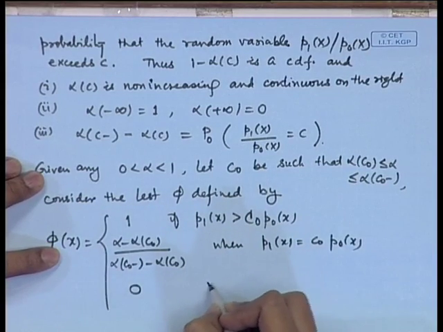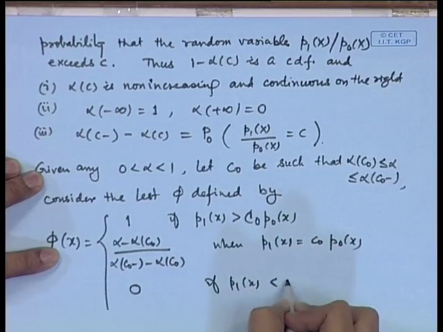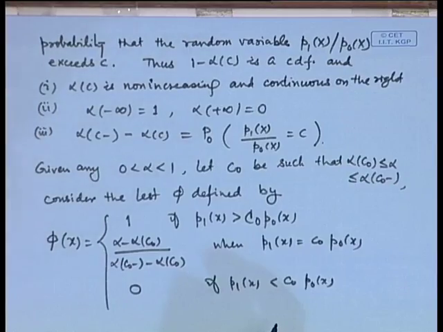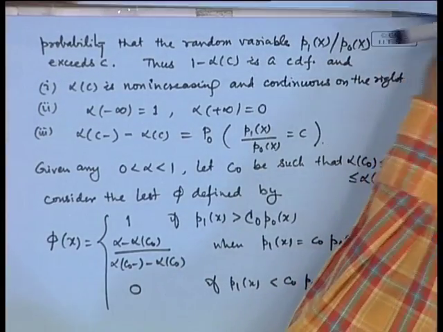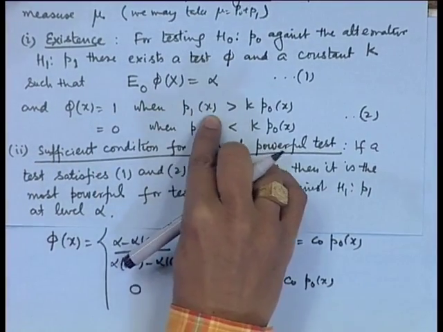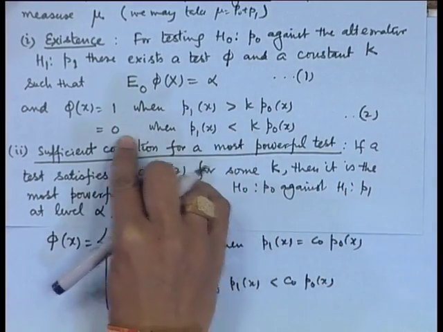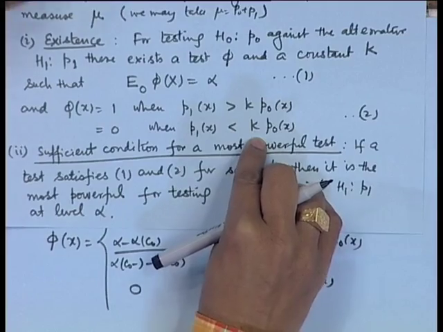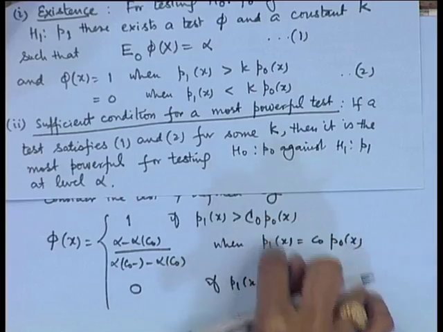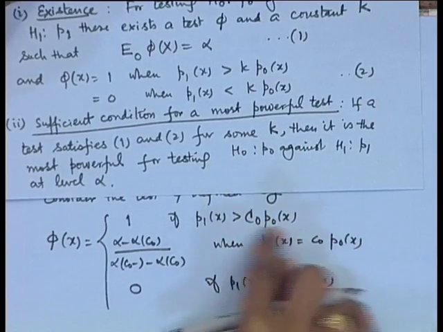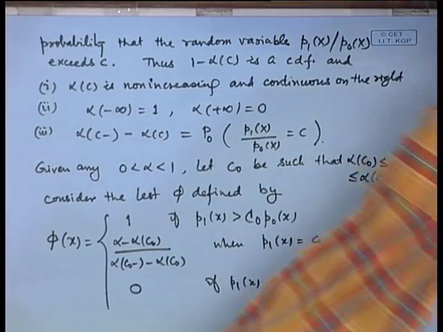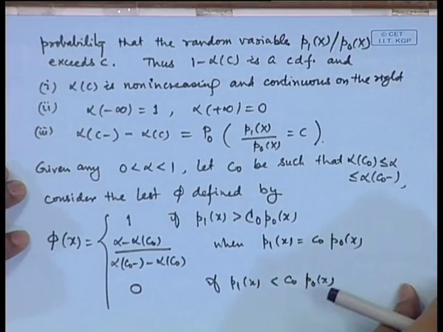And it is 0 if p 1 x is strictly less than c naught p naught x. Now, compare these conditions with the original function. We defined phi x equal to 1 when p 1 x is greater than k p naught and equal to 0 when p 1 x is less than k p naught. So, the greater and less conditions are exactly matching here. Only we have introduced one quantity for equality, that is the randomization point, which may be required in the case of discrete distributions.